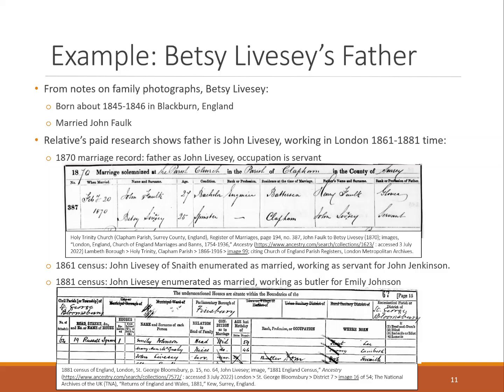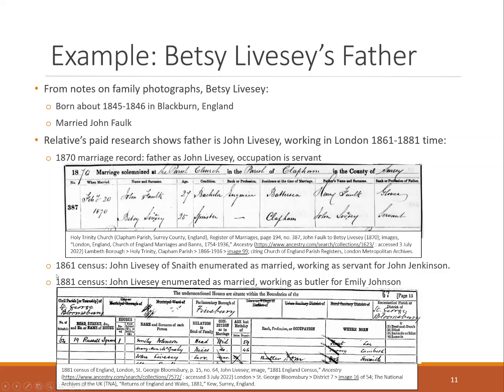Here in the middle is the marriage license or marriage record, excuse me, not a license, but a marriage record that John Falk married Betsy Livesey. And if you go over here, the father's name was John Livesey and he was a servant.